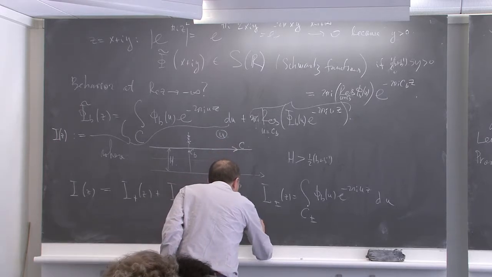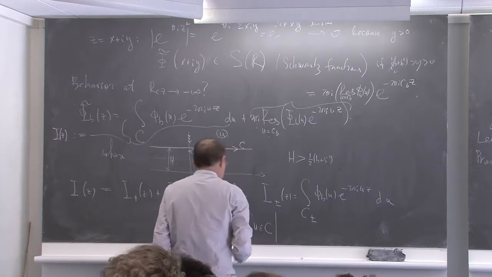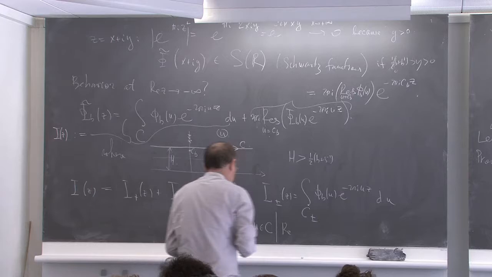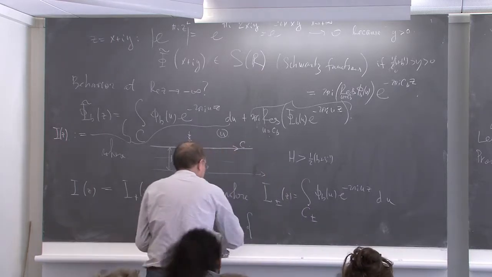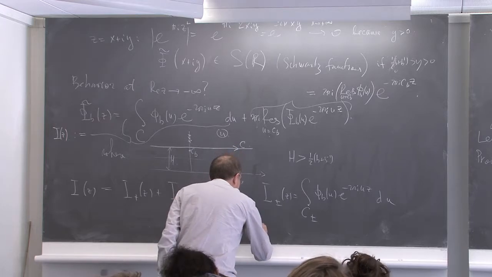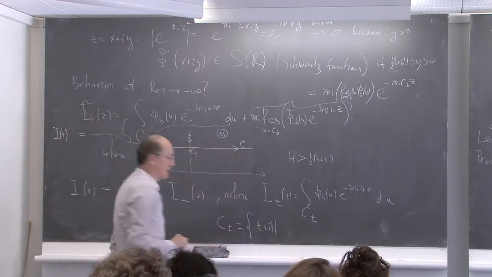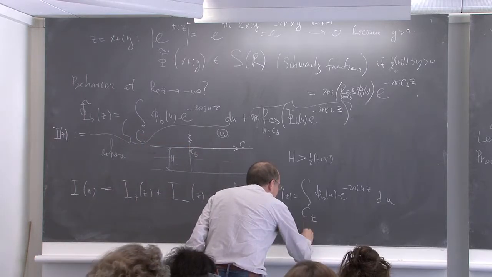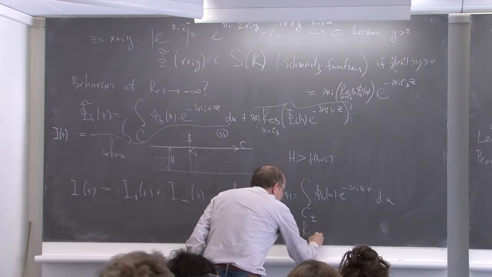And the c plus minus just correspond to the signs of the real part of the integration variable. So these are u belonging to c of the form t plus ih, this is a height, where t lives in plus minus R non-negative.